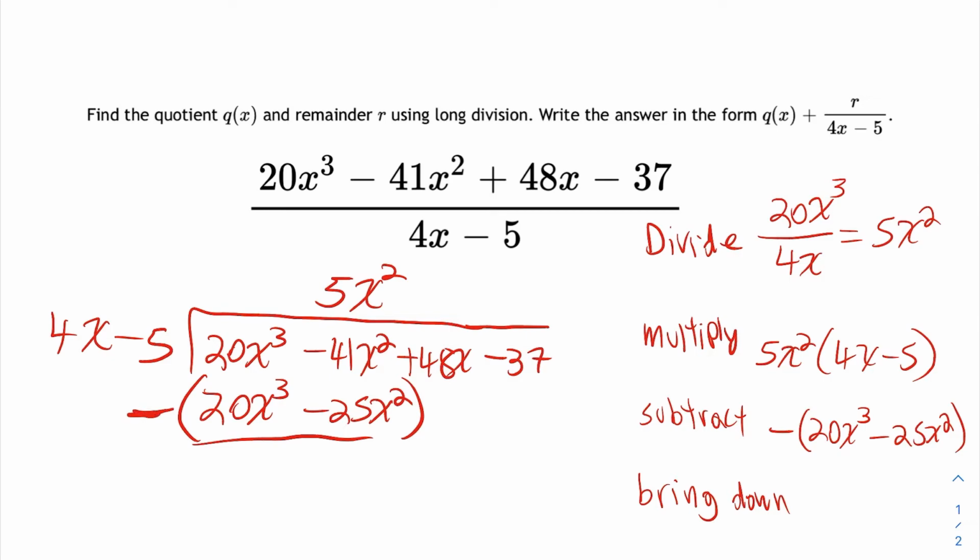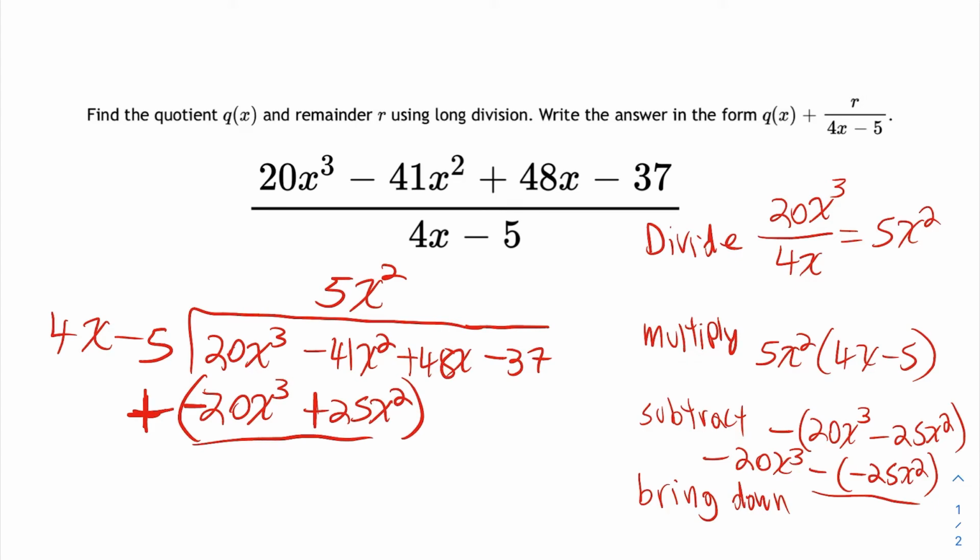But we have to remember that to do this subtraction, I'm actually subtracting 20x cubed, and I'm also subtracting negative 25x squared, which actually turns out to be minus a negative, so it should be plus 25x squared. If I change those signs, I can then just add these, combine like terms.